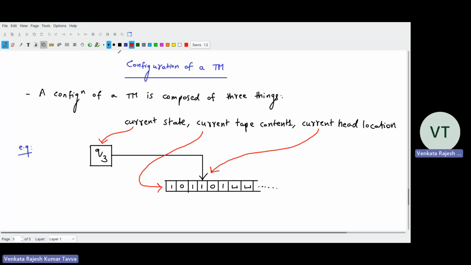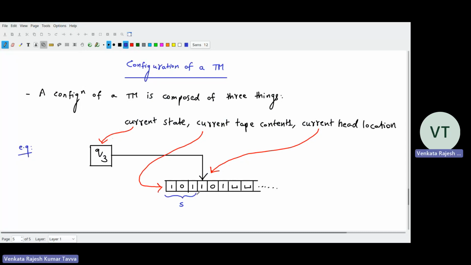Okay, now this input can be divided into two parts. The input before the head and the input after the head, including the current symbol, goes in the second half.